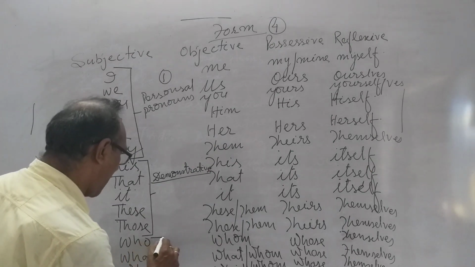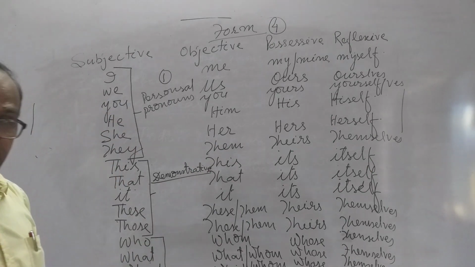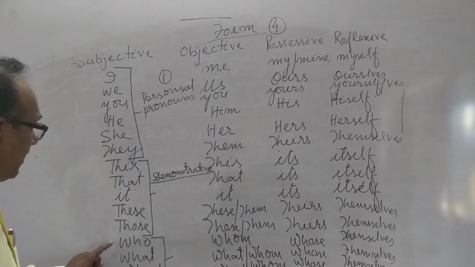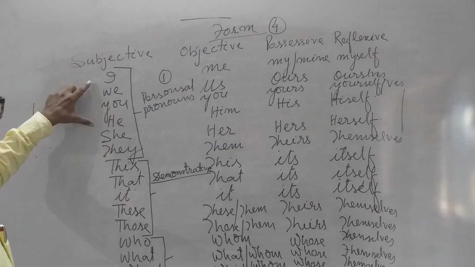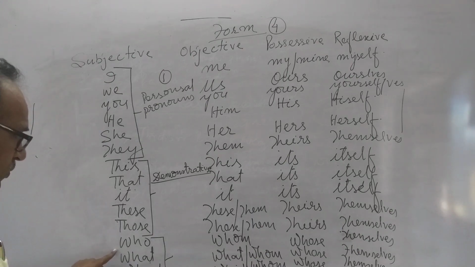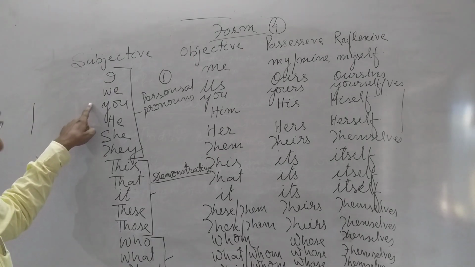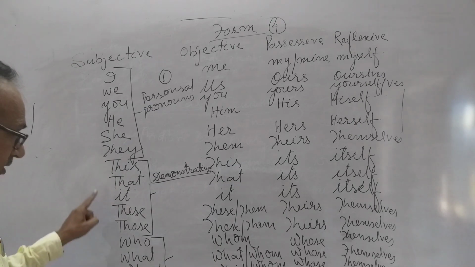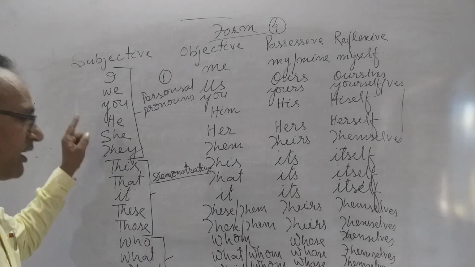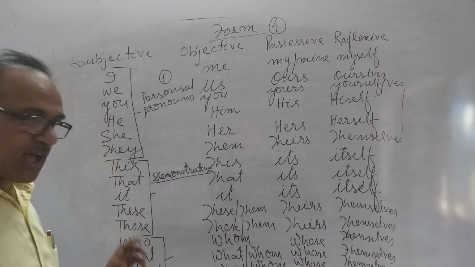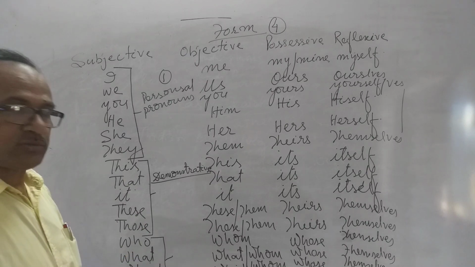And who, what, and which. These three are related to both personal and demonstrative. Who is used for personal pronoun. What and which are used for demonstrative pronoun. That's why, as they relate to both the personal and demonstrative, they are called relative pronouns.